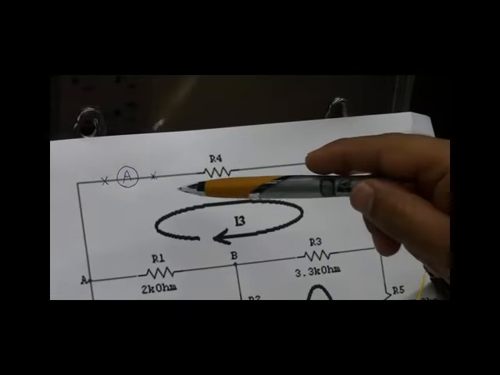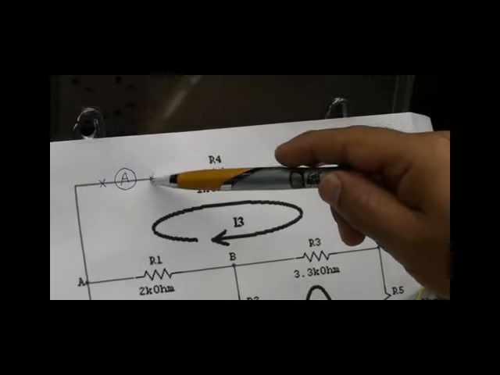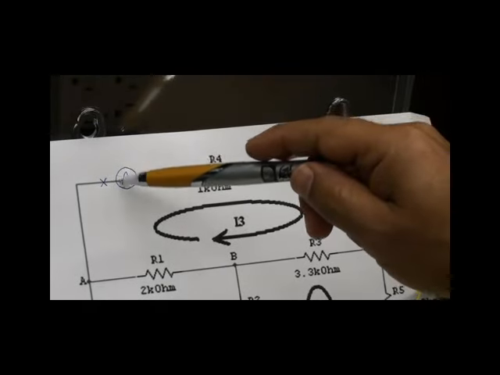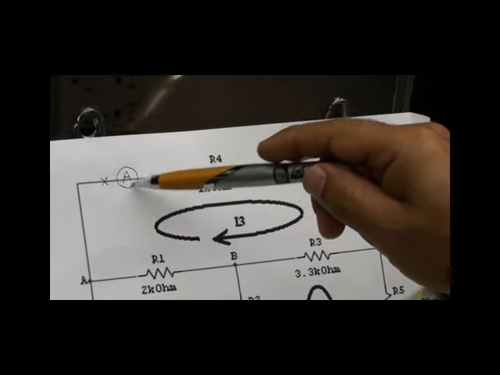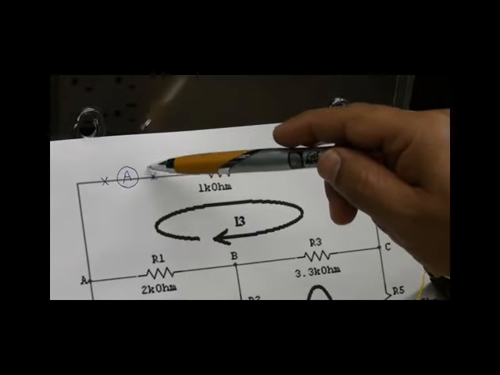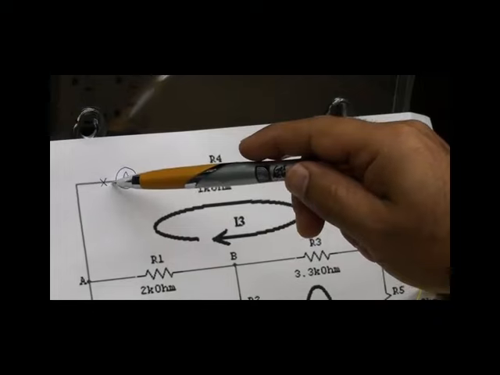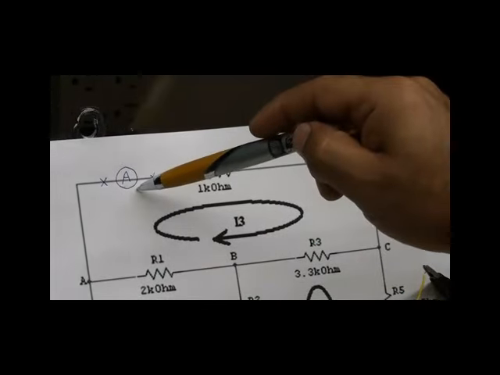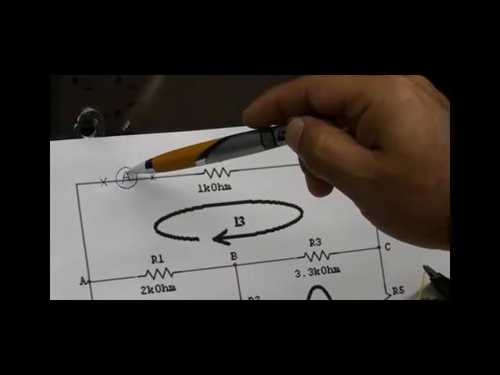So what I do, I disconnect these two points from each other, and then I put a current meter in the middle, an ammeter in here. So this is the way that I have to do. So a disconnection first, and then an insertion of a current meter in the middle.